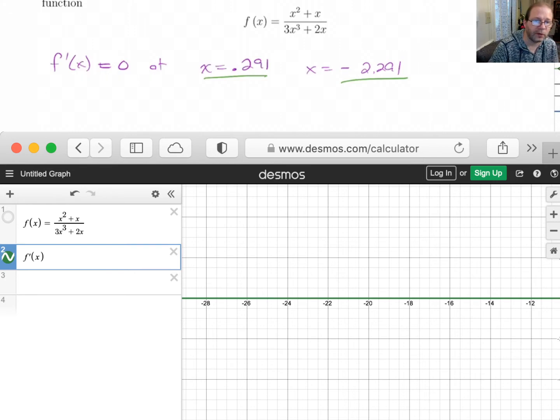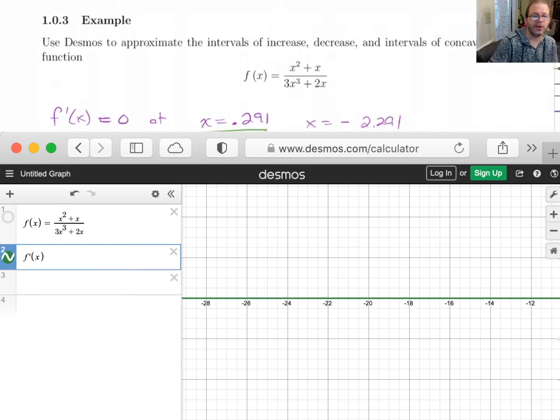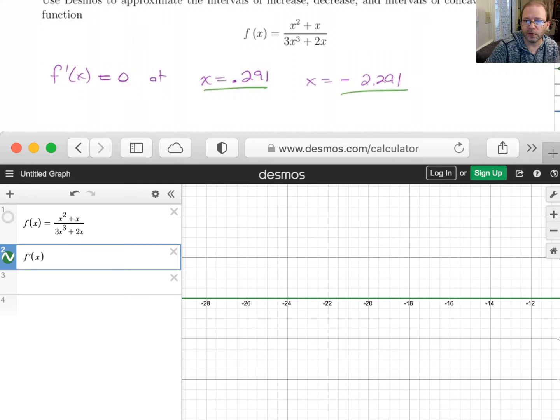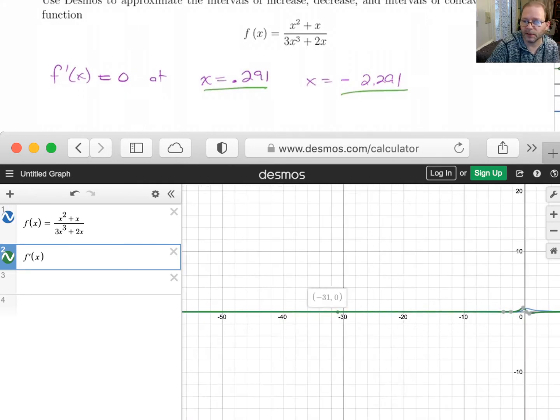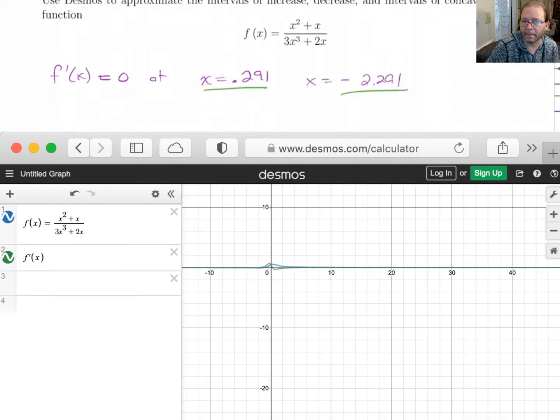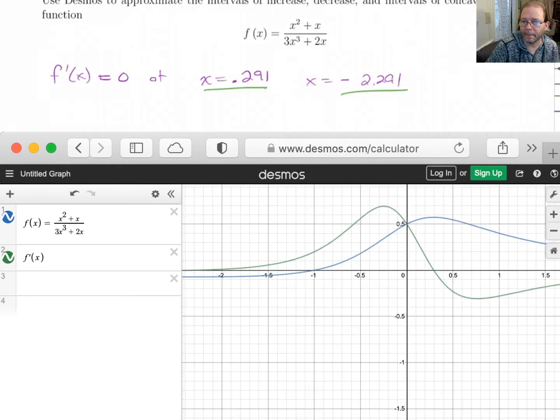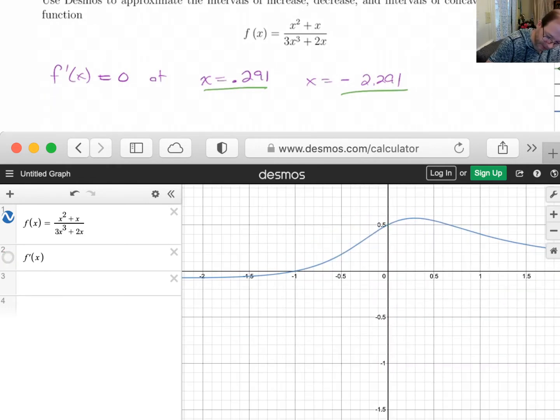So that should let us answer the first part, to determine the intervals of increase and decrease. Let's turn the original function back on and zoom back over here where we can see it. You know what? Maybe I should draw a real number line here. We've got negative 2.291, then 0.291.